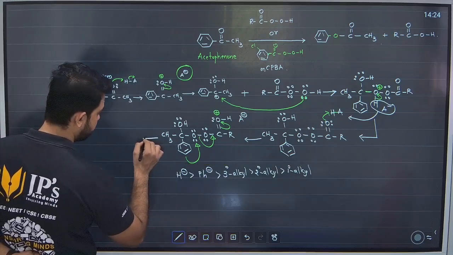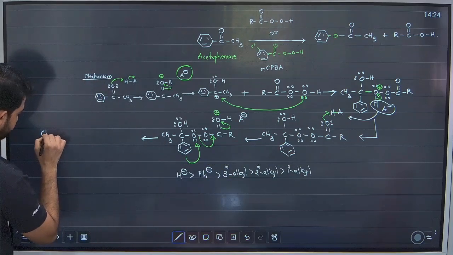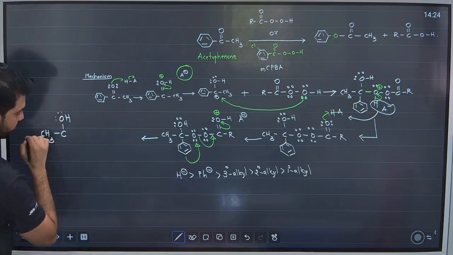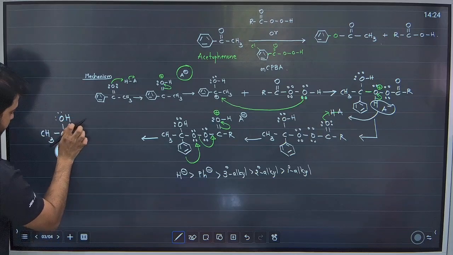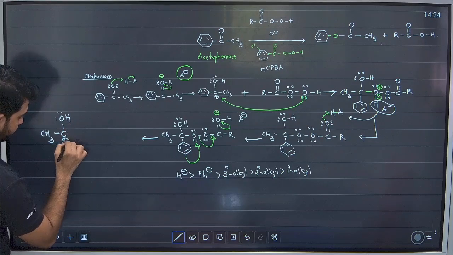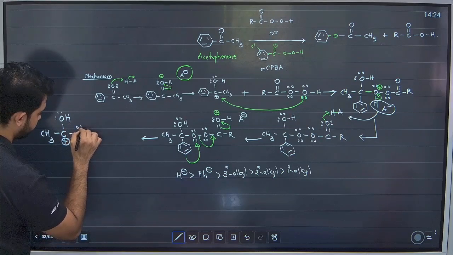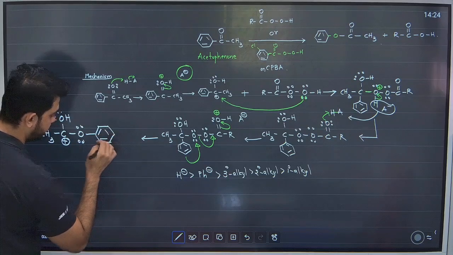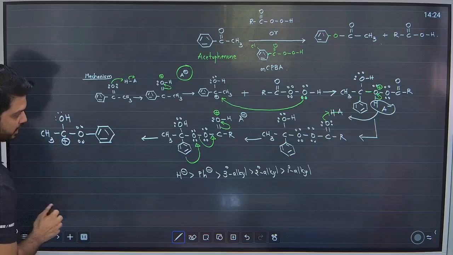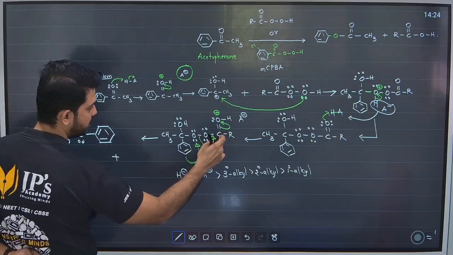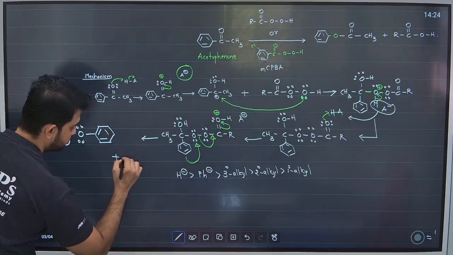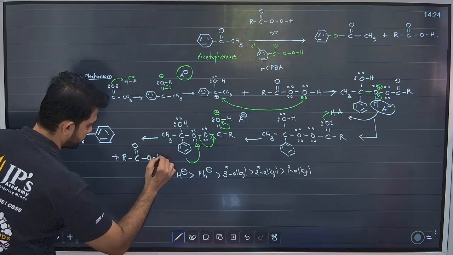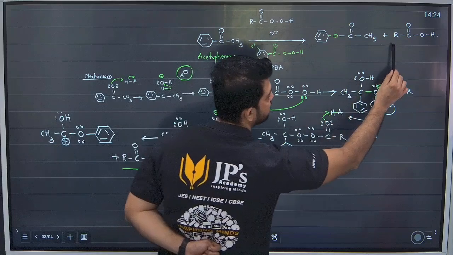And so students, finally here we have, if you see, the phenyl group migrated, oxygen has also attached here, and along with that we have RCOOH. So we got our product.